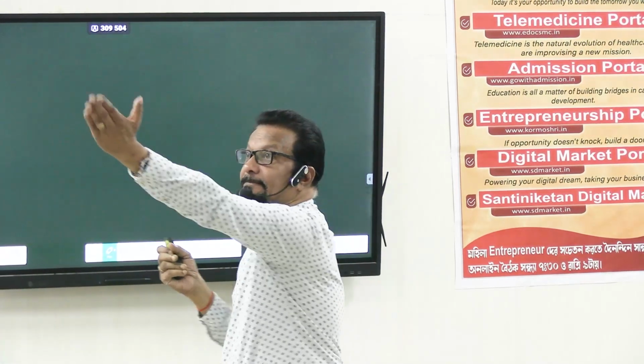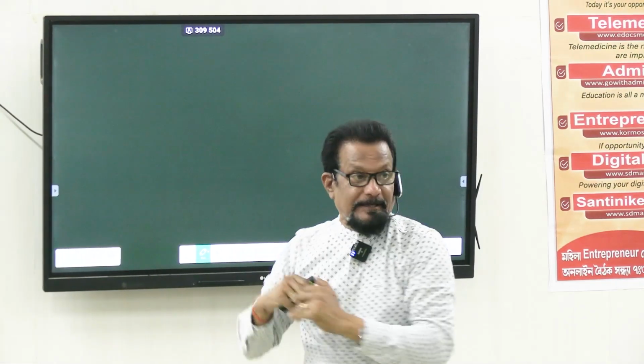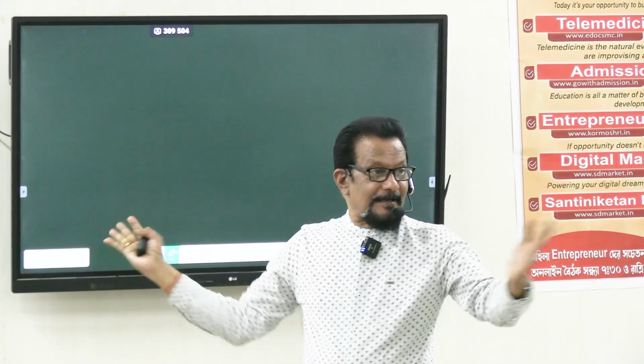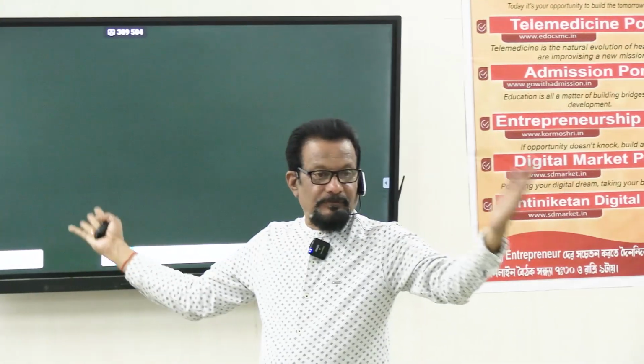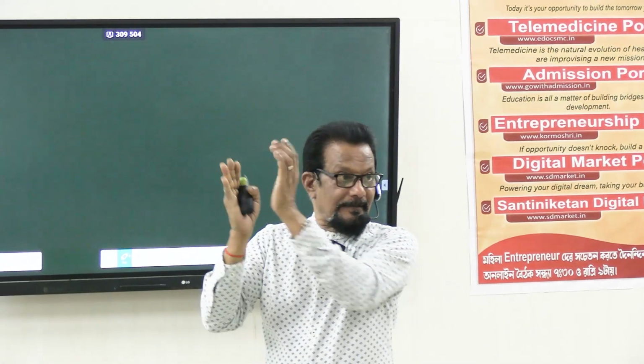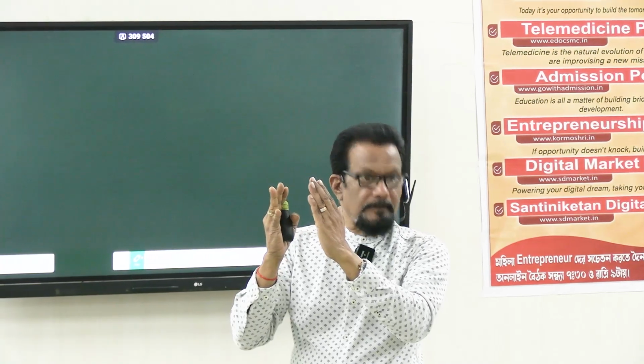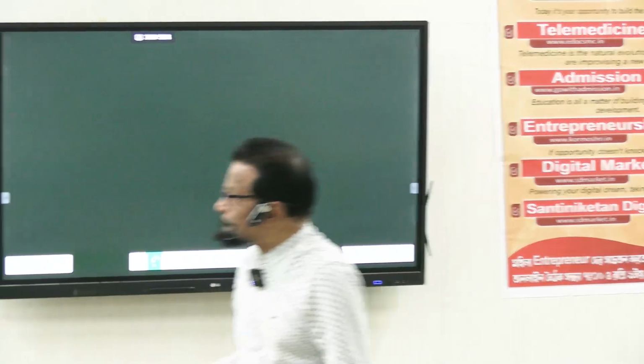So this side is pulling the actin, and this side also will be pulling the actin. As a result, they will be coming closer. And in between the actin filaments there is a gap. This gap will be reduced.